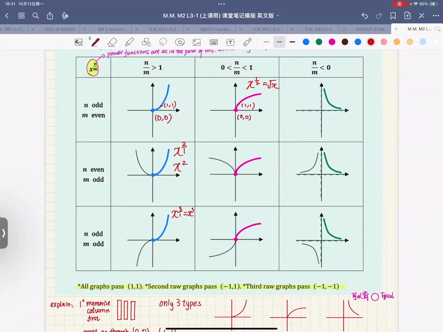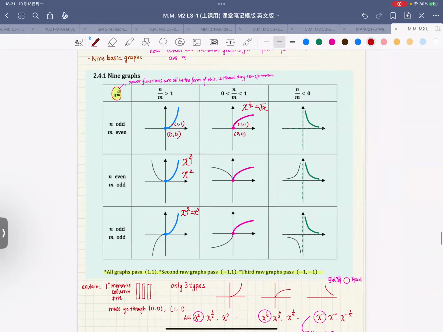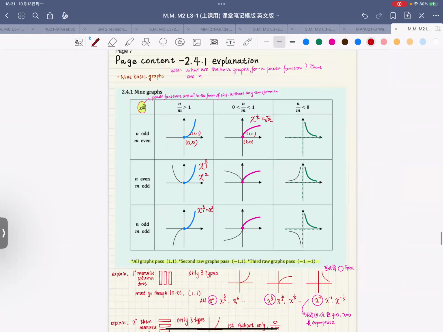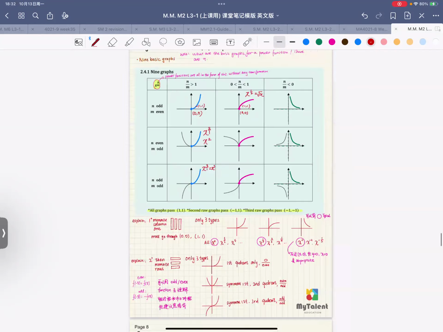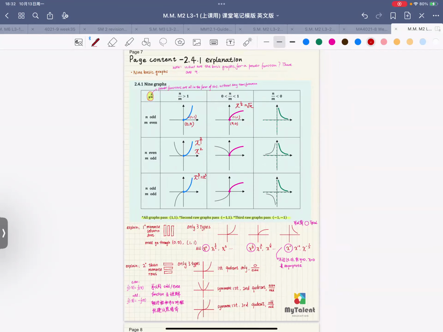It just shows you the general shape, and I strongly recommend you memorize all these. I have GeoGebra on my laptop, but I cannot show it to you. Anyway, let's do it later.